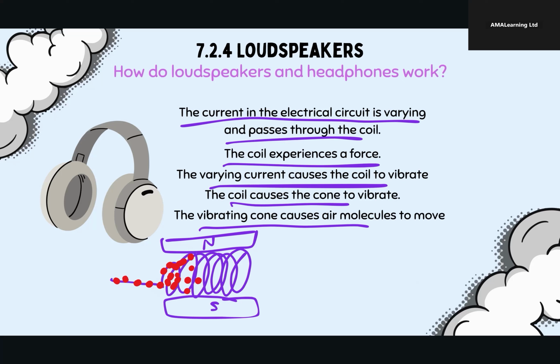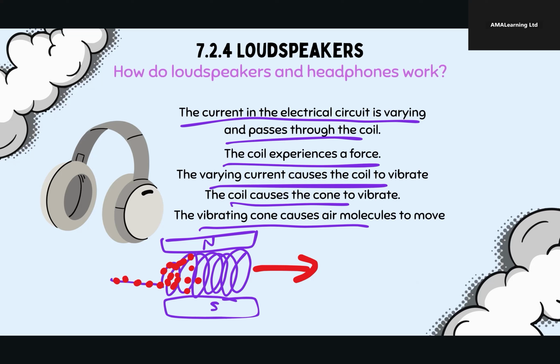The magnetic field and the current interact, and it produces a force on the coil. You can work out which way the force is moving using Fleming's left-hand rule. The direction and the strength of the force is the important bit. Because the current is varying, the force coming from that coil is constantly changing as well. They're moving back and forth. That makes the coil vibrate back and forth very quickly.